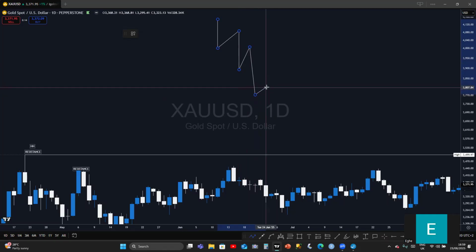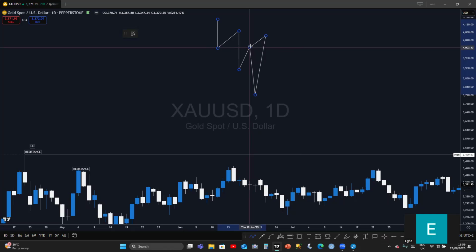At any point, you now discover that as buyers are pushing the price to the upside, instead of them stopping here, they did not stop. They succeeded in pushing above this level, violating this resistance level. That means the structure has created a market shift.